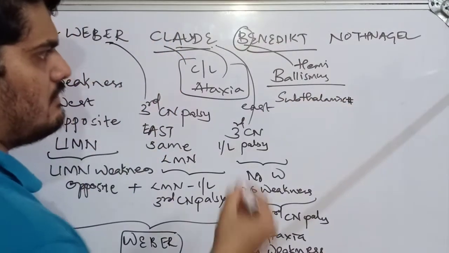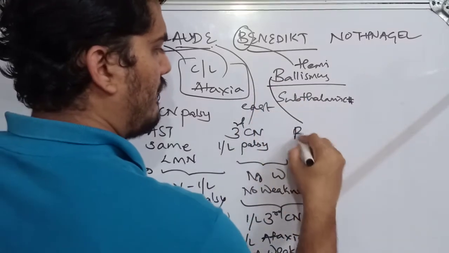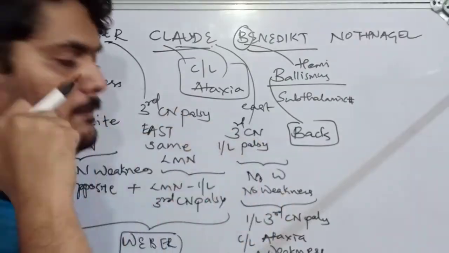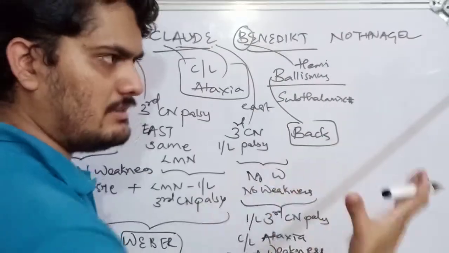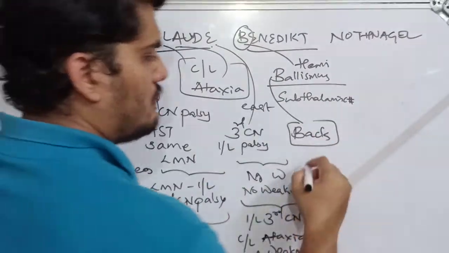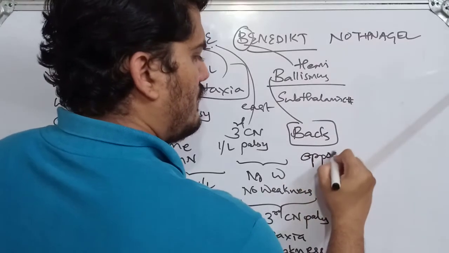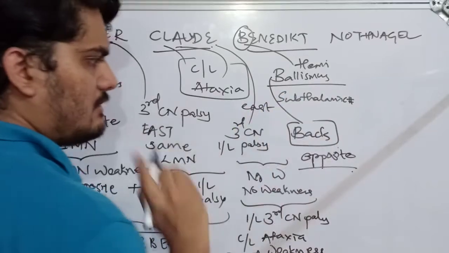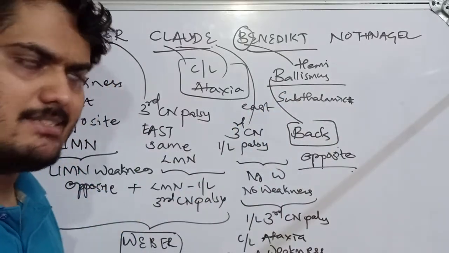To know the direction, just write the word B as back. Back means directed to the opposite side, opposite to the direction of our face. So if the question says opposite-side hemiballismus, then the answer becomes Benedict syndrome.